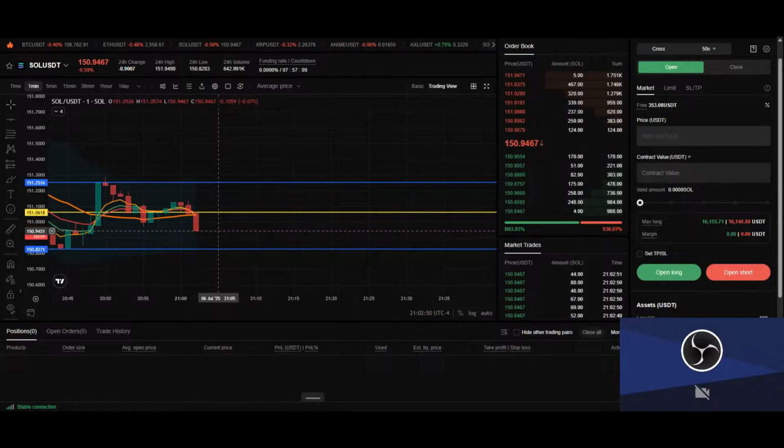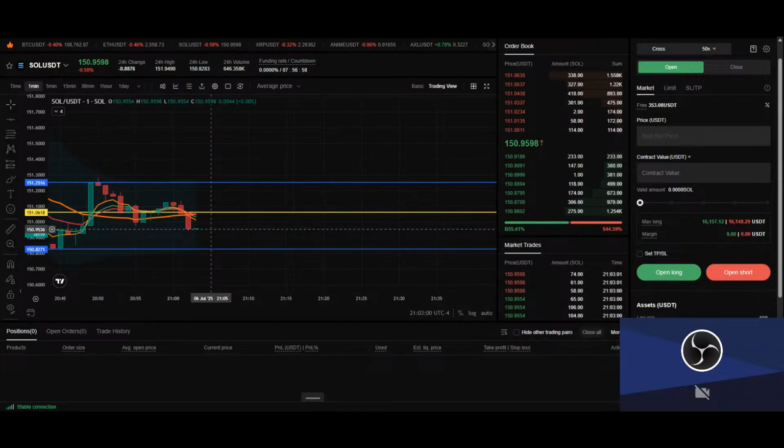I have no idea what the 1RR or 0.5RR would be here with this low leverage. But that's a decent little wick down, right? And we have another crossover here indicating the market's fighting, right? Again, you can see the order book's back and forth hard in both directions. But look at this, playing the order book, right?